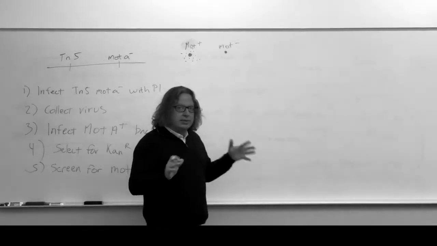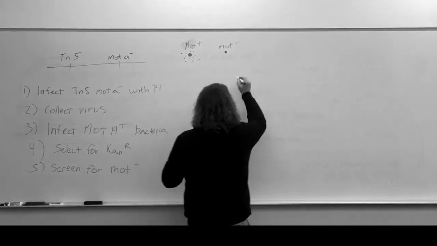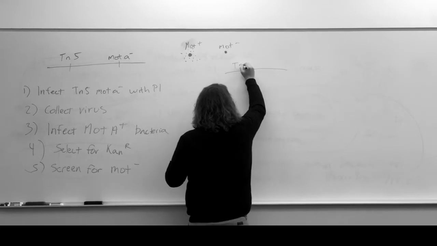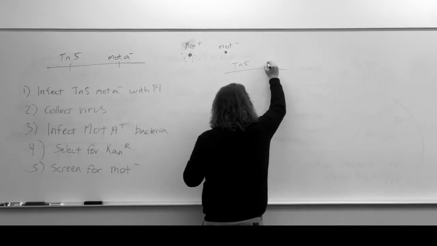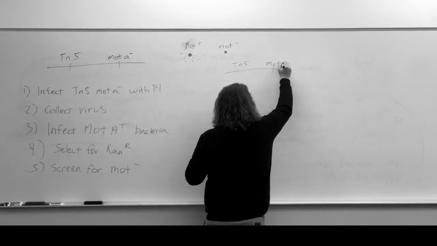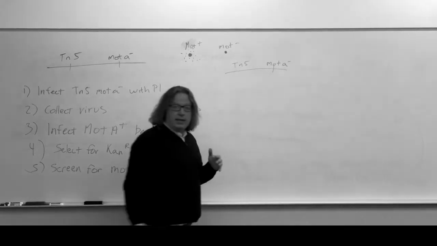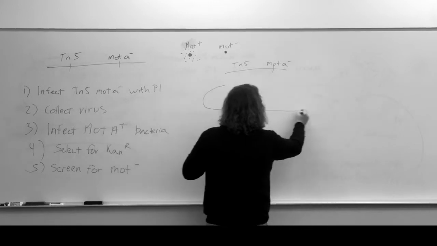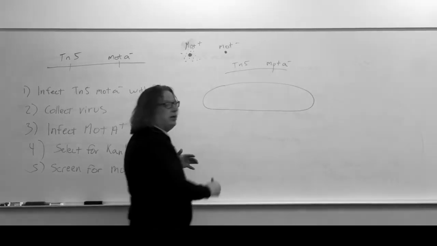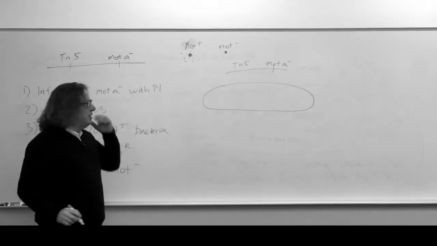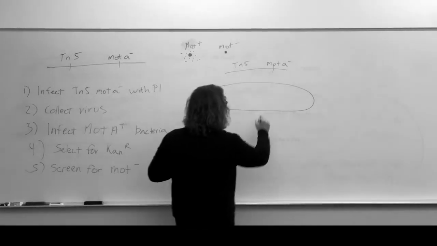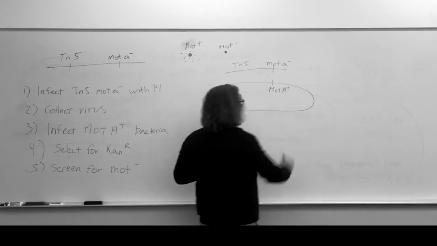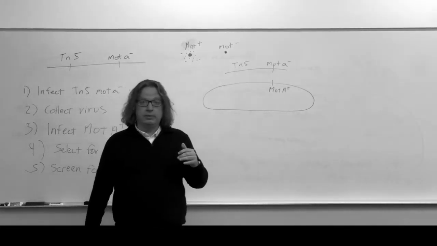Okay, so what does this look like in the target cell? So if we have TN5 and we have MOT-A minus, in the target cell we have a bacterial chromosome, and this bacterial chromosome has a wild type version of the MOT-A gene.